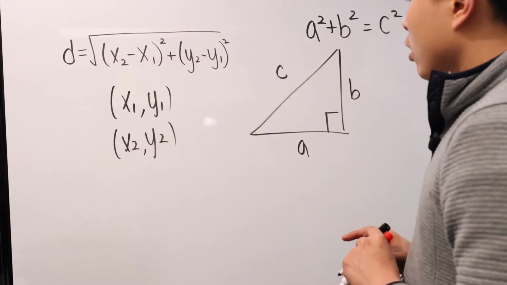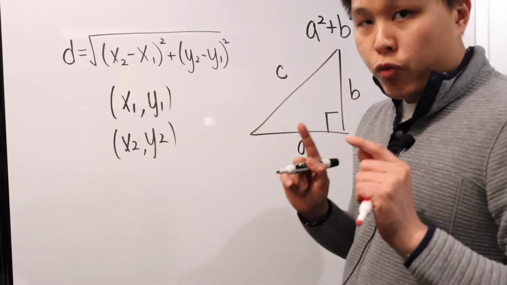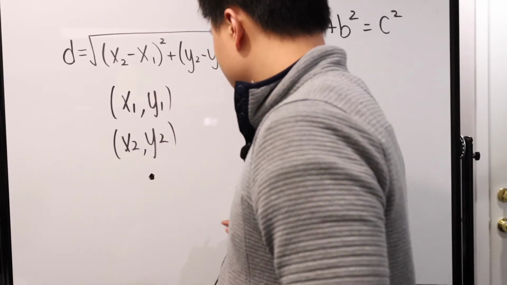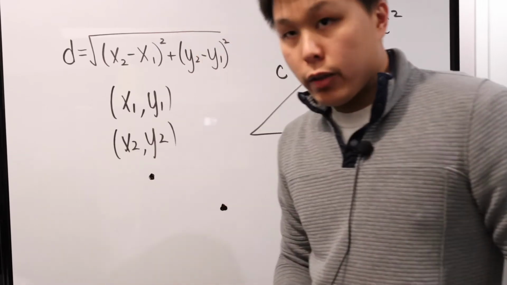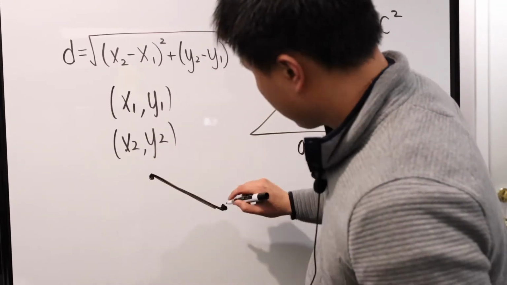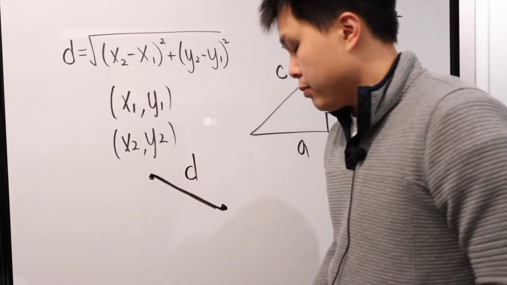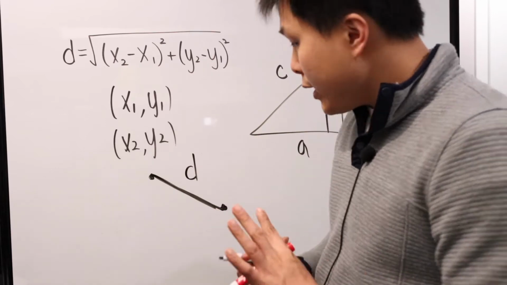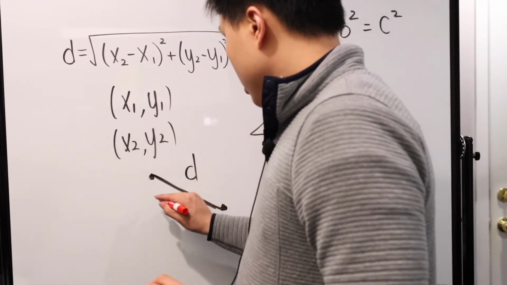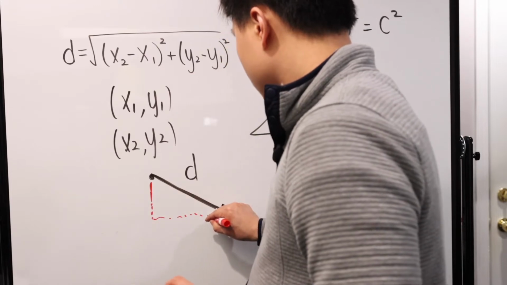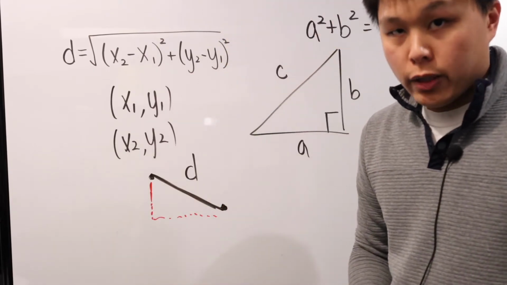How does that work? Well, the idea is that for whatever 2 points, it doesn't matter where they are located, right? And you're trying to find the distance. Let's just say the distance right here. We can always, and here's the key, we can always make it so that we are talking about basically a right triangle, right?